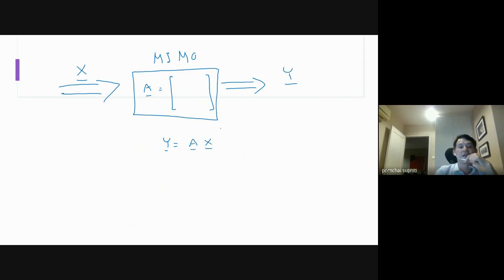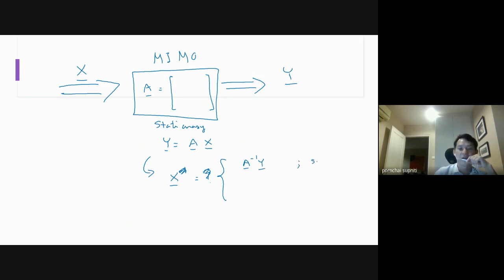If you want to find what X is, what can you do? If the system is quite constant or stationary, and doesn't change value so often, then in order to find X, if A is a square matrix, you can just say that X is equal to A inverse times Y, right?